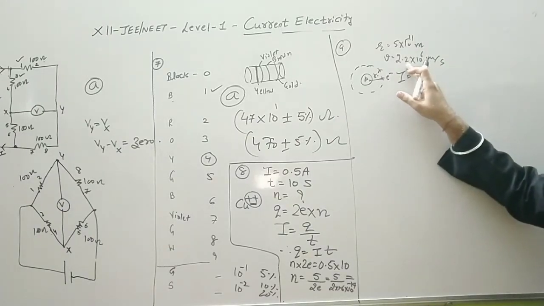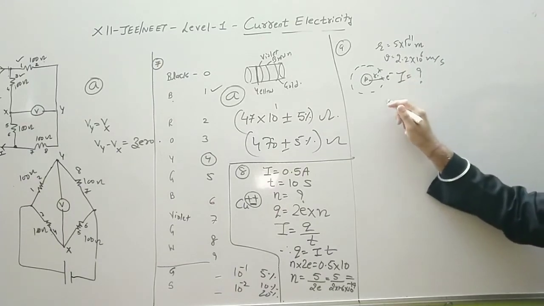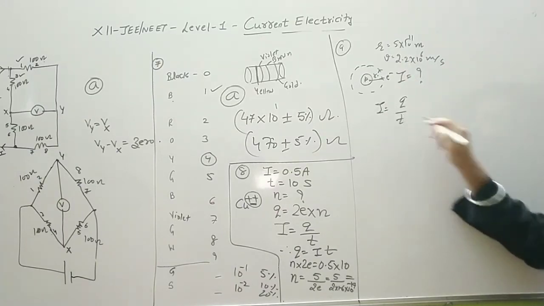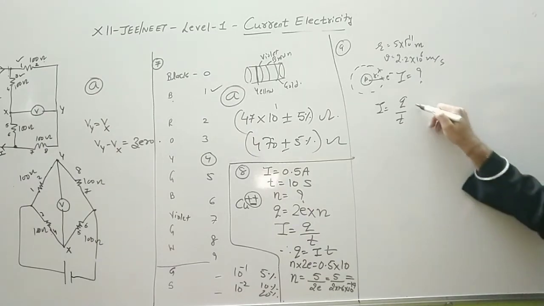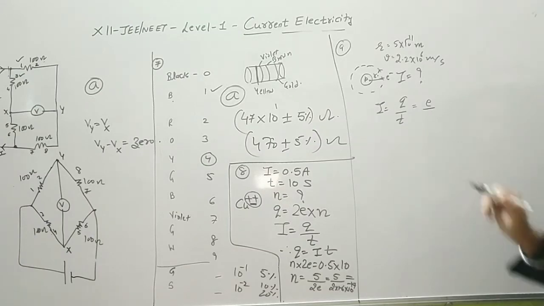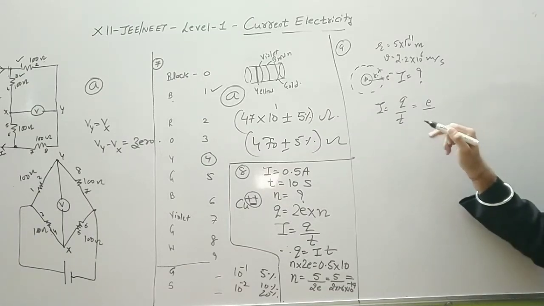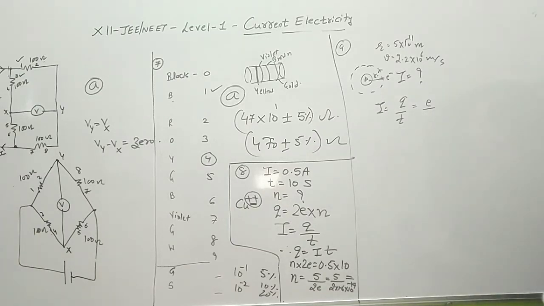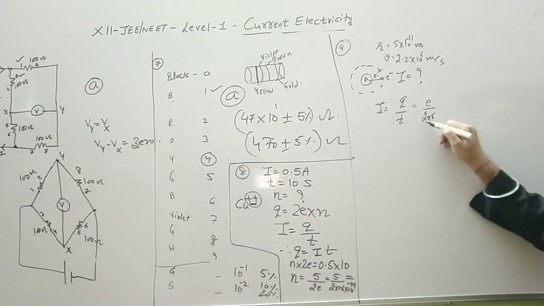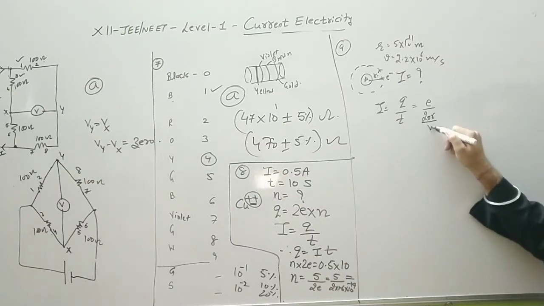V is given. So current can be written as Q by T, and since the electron is revolving, it becomes e by T. For one revolution, this T can be written using the distance, which will be 2 pi r. Time is equal to distance upon speed.